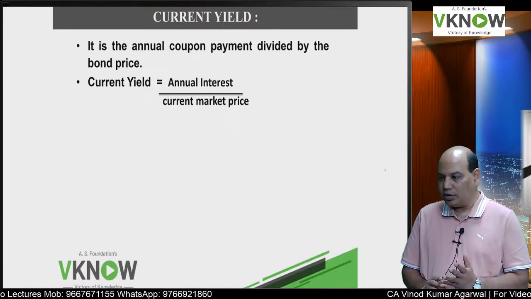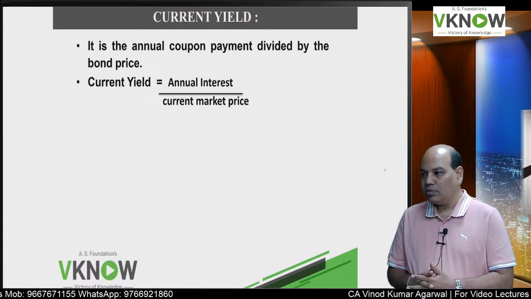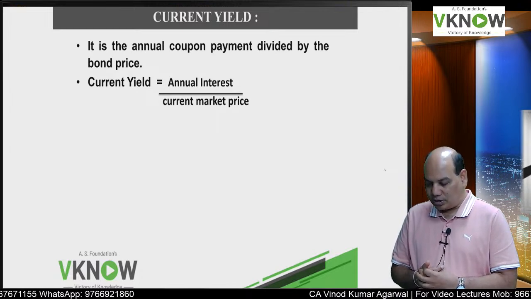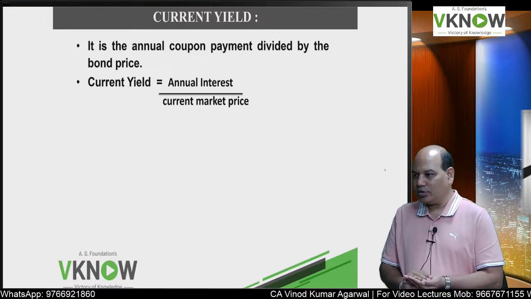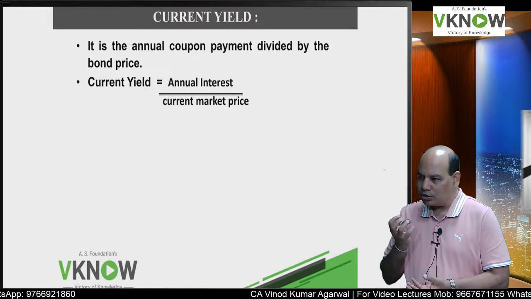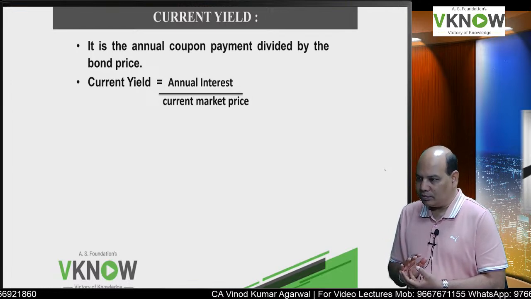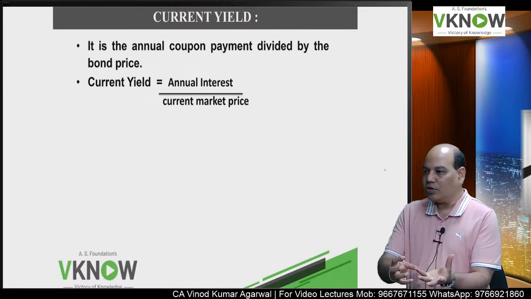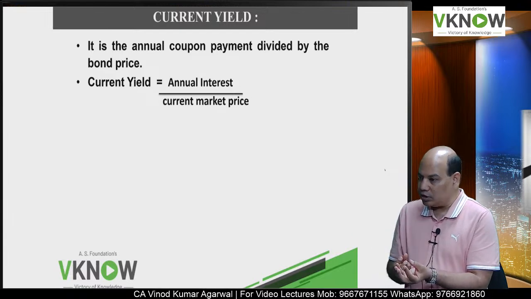Now we have studied yield to maturity. One more yield is pending, current yield. Current yield means based on the current market price and the coupon you are going to earn, how much return you are generating. Suppose you bought a bond for 90 rupees and it is giving you 12 rupees coupon. So you are only comparing coupon with the current price.